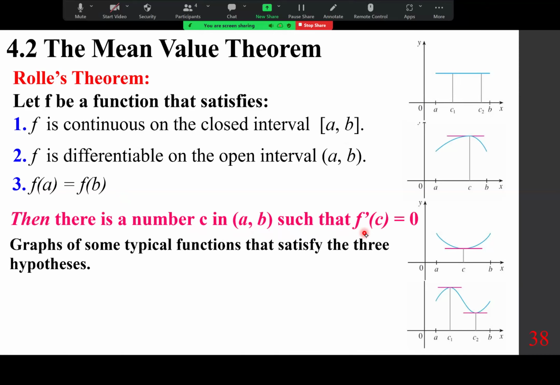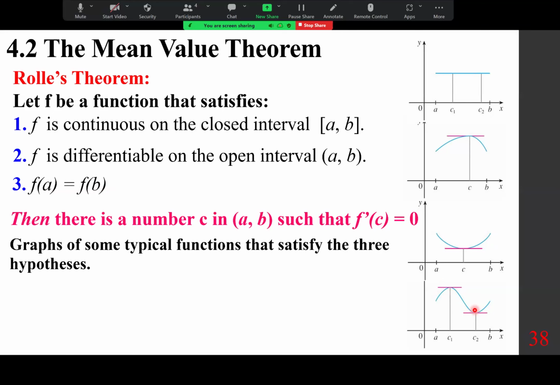And as you can see, graphs of some typical functions that satisfy the 3 hypotheses are given here. If you have a horizontal line, or a curve somewhere in between, the bottom line is there is a tangent line that has a slope 0. That's the idea. In this case, we have this one.